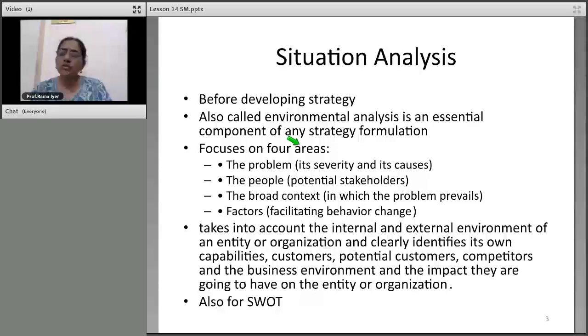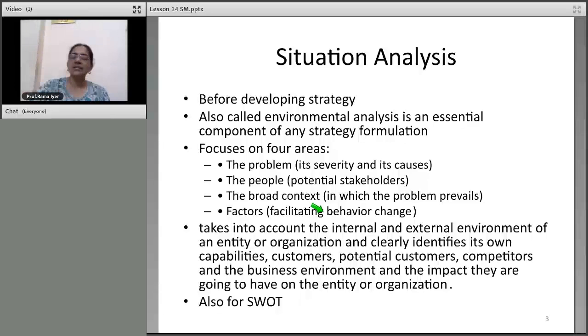So situation analysis will take into account internal as well as external factors, and facilitate behavioral changes based on what is the situation. We have to change ourselves, isn't it? That is what we are talking about here.